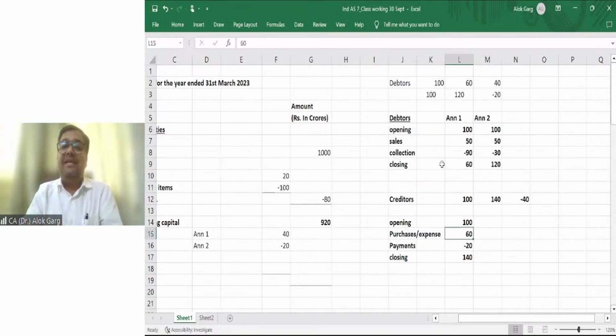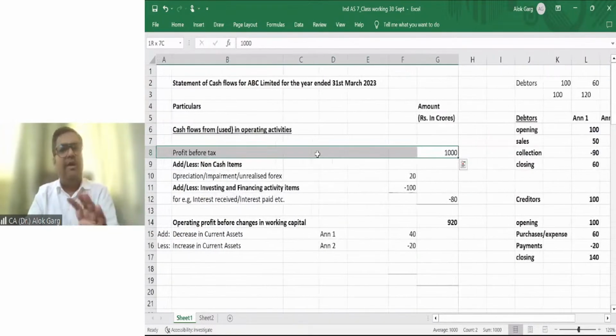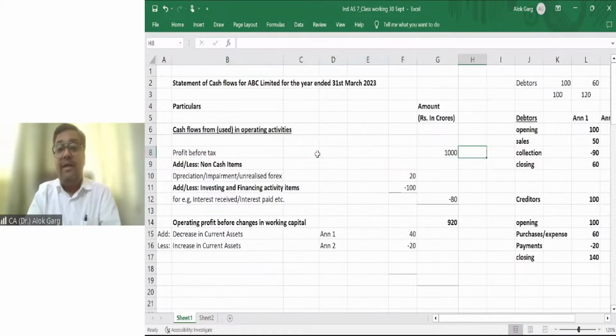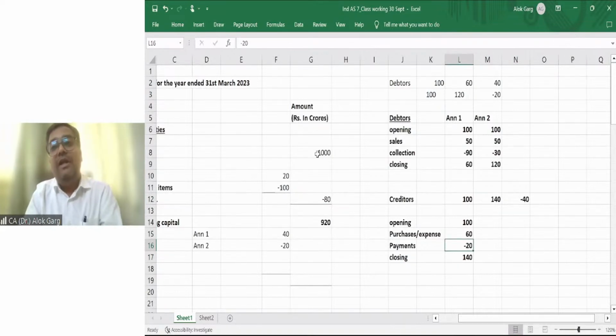So friends, this 60 crore is already coming in this profit before tax. This is already a part of profit before tax. But out of this 60 crore, how much amount has been paid during the year? Only 20 crore. It means you need an adjustment of 40 crore to arrive at a balance of your cash flow from operating activities. To arrive at a cash balance, you need to adjust this 40 crore from your accrual balances, right?